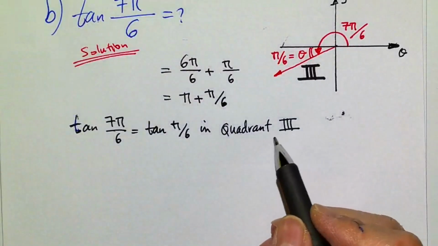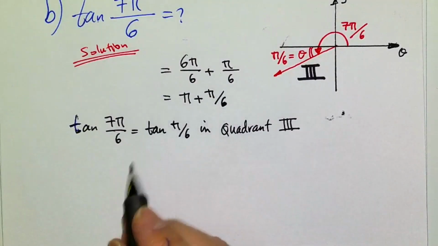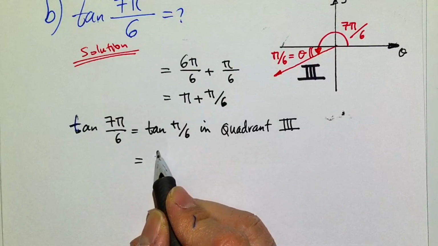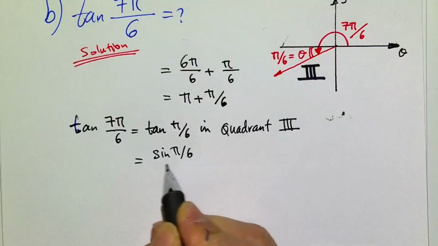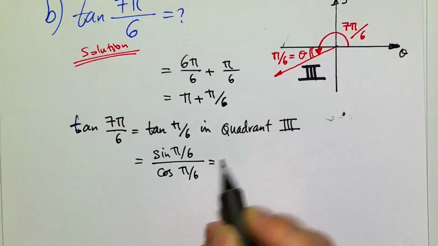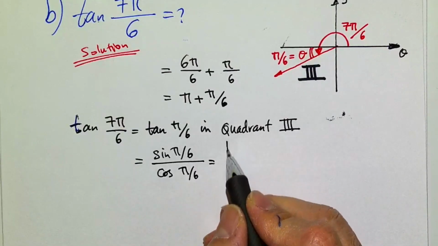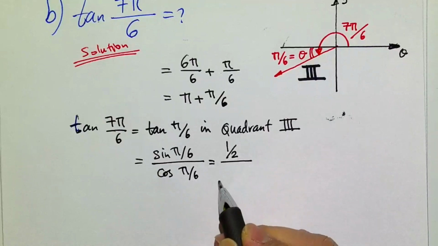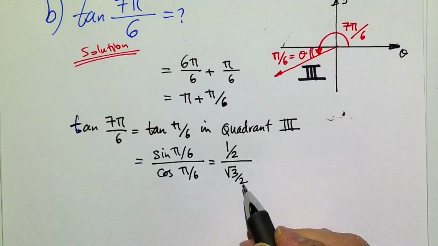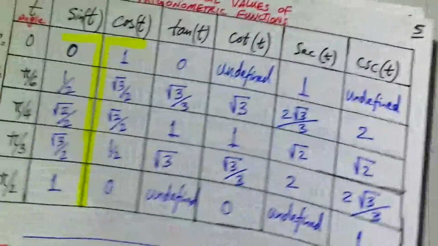Now tangent of pi over 6 is equal to sine of pi over 6 divided by cosine of pi over 6. Once again, sine of pi over 6 is 1 over 2, and cosine of pi over 6 is square root of 3 over 2. This is from the table.